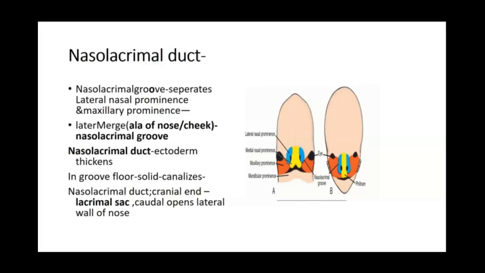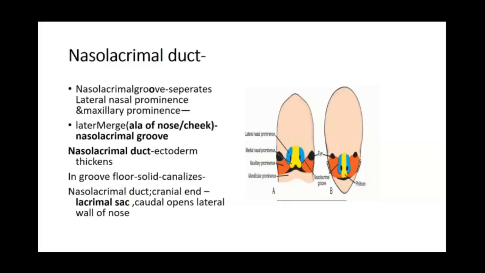Okay. So the nasolacrimal groove separates the lateral nasal prominence and the maxillary prominence. If you see in this, later they merge, the ala of the nose is going to be formed and the cheek. For the nasolacrimal duct, the ectoderm on the surface is going to thicken. In this groove, the floor becomes solid.